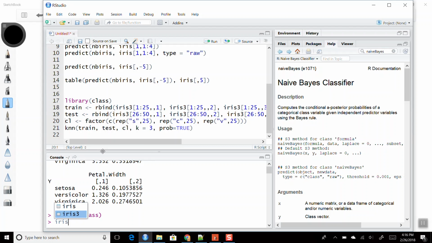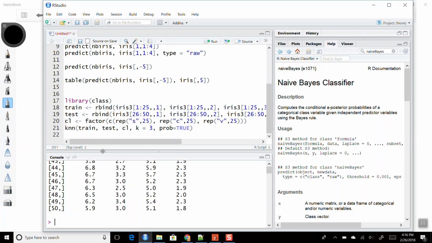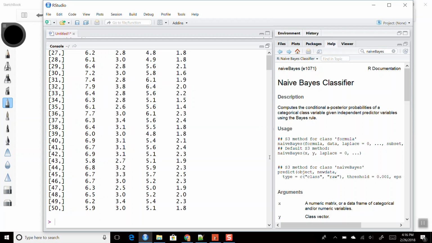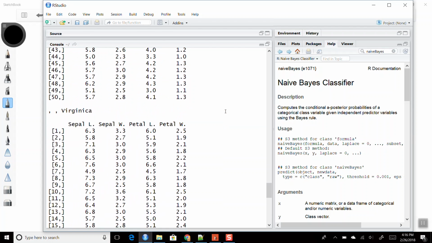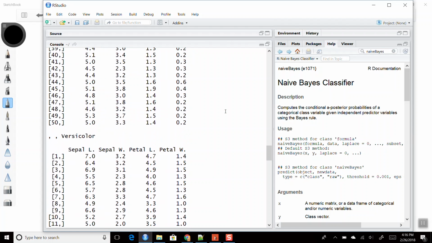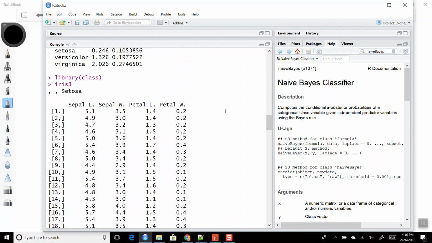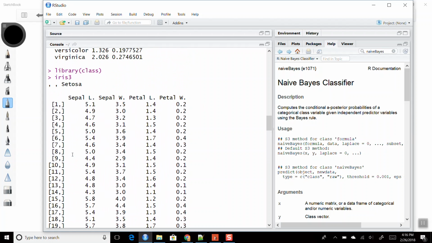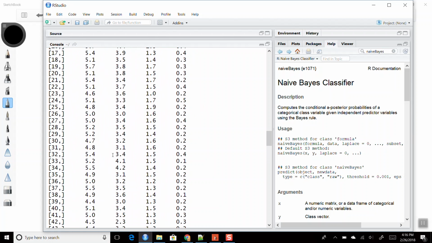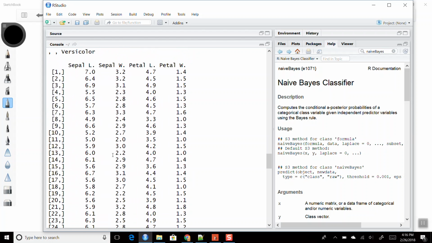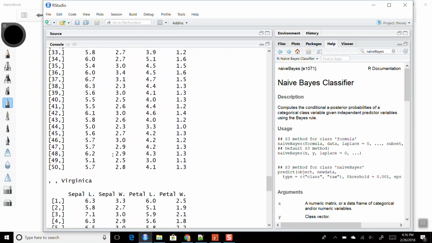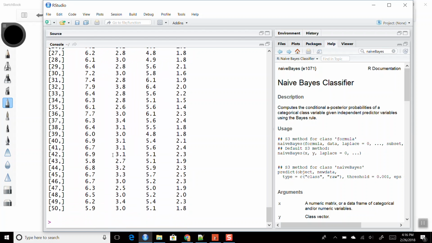So if we look at IRIS 3, it's got the same 150 observations, except it's 50 by 4 by 3. So 50 rows, 4 columns, and 3 layers: 1 layer for Setosa, 1 layer for versicolor, and 1 layer for Virginica.